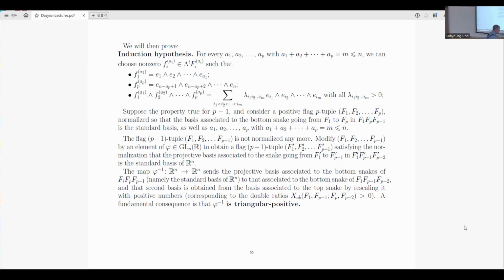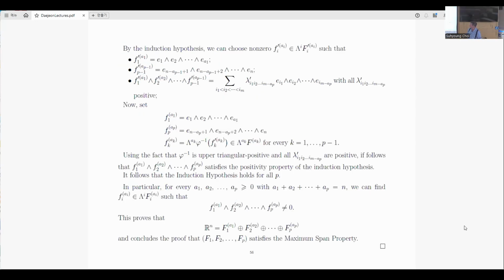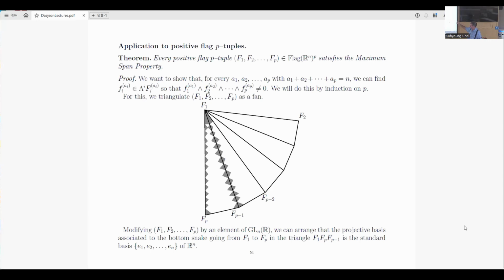Now I'm considering this edge here, and the projective basis I associate to this snake here is the standard basis, but the one associated to this snake there is no reason for it to be the standard basis. So I'm going to use the change of basis going from here to there to normalize.